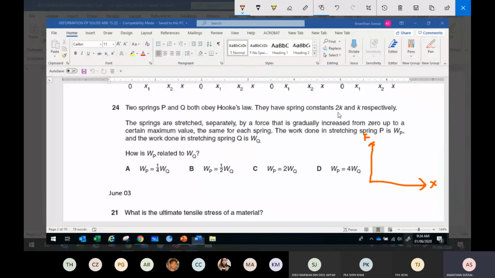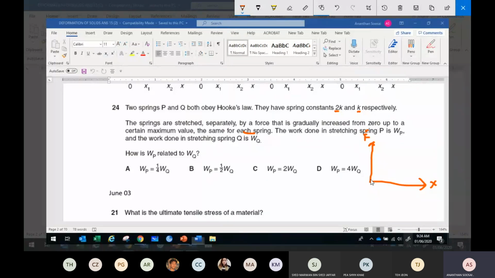They have springs 2K and K: P is 2K, Q is K. The springs are stretched separately by a force that is gradually increased from 0 up to a certain maximum value, the same for each spring. The force is the same for both of them.